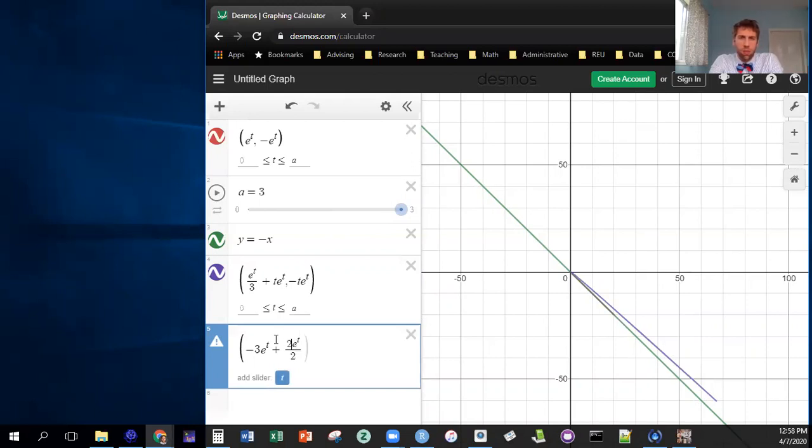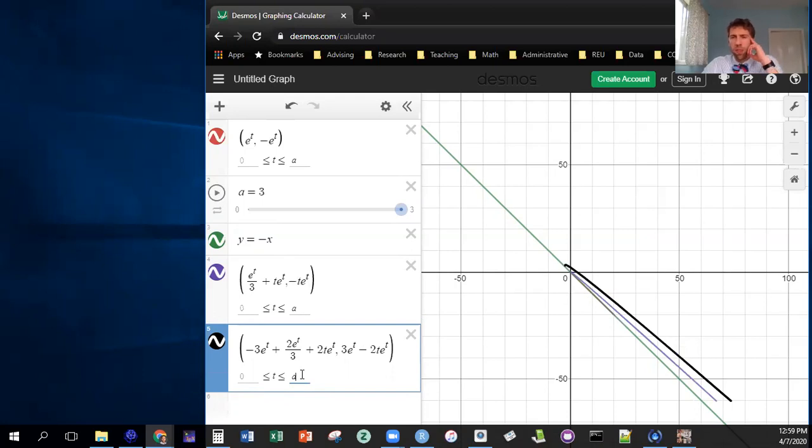I'm going to do 2 times (1/3) plus 2t e to the t, comma, and then negative, I'm multiplying by -3, so that gives me +3 e to the t here. I'm doing -3 times this component plus 2 times this component, minus 2t e to the t. Okay, so then that's a slightly different version.